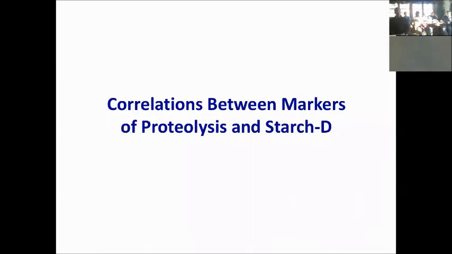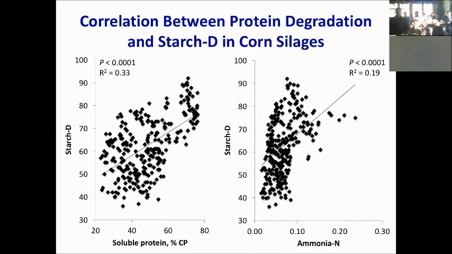If proteolysis is in fact the reason why we're getting these improvements in starch digestibility over time, this is some data from our database, and Shaver and others have other huge databases that are much bigger than this. But as you can see, there is a positive relationship between soluble protein and starch digestibility, and even though the R squared is not very high, it is highly significant here.